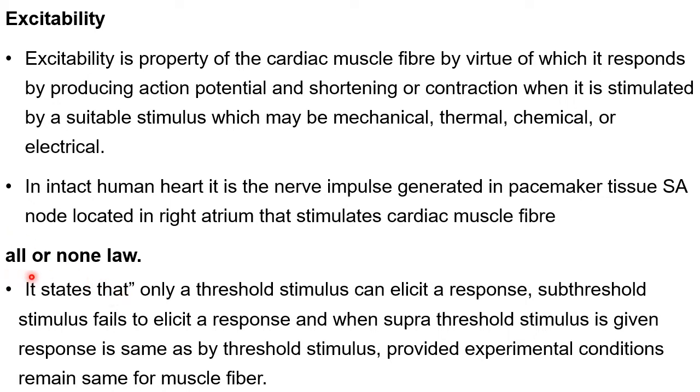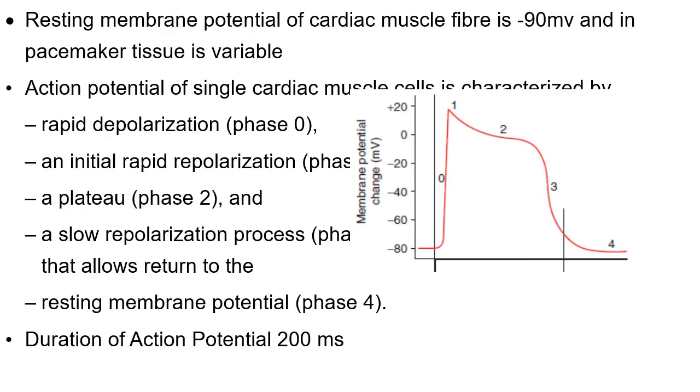Now this all-or-none law states that only a threshold or a suitable stimulus can elicit a response. A subthreshold stimulus fails to elicit a response. When a suprathreshold stimulus is given, the response is the same as that of a threshold stimulus, provided experimental conditions are the same over the muscle fiber.